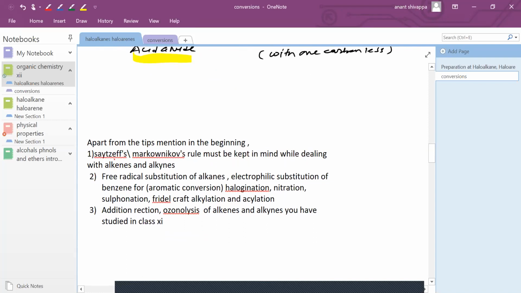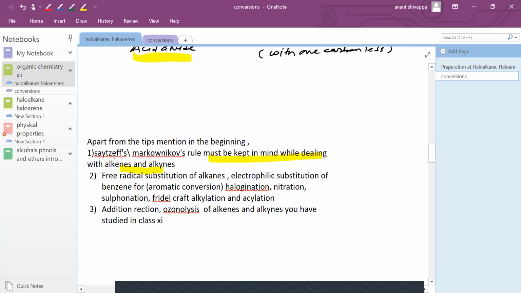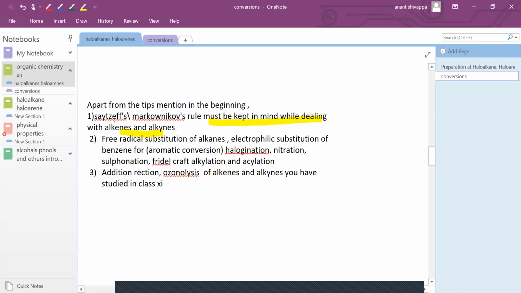Apart from the tips mentioned here, there are some other important tips which you have to keep in your mind while solving the conversion. The first one, Saytzeff rule and Markovnikov rule must be kept in mind while dealing with alkenes and alkynes. Second, free radical substitution of alkane, electrophilic substitution of benzene.